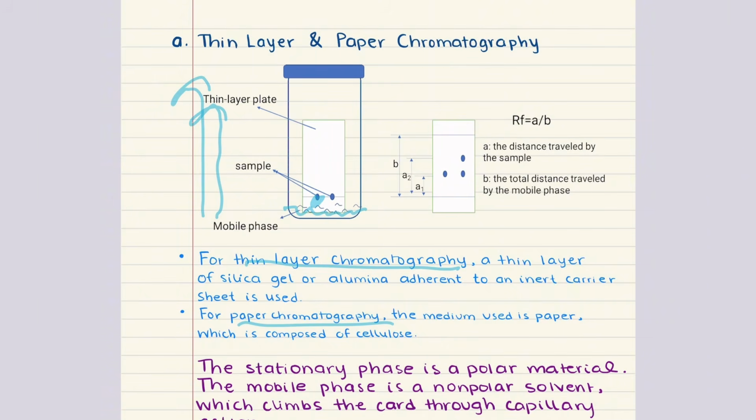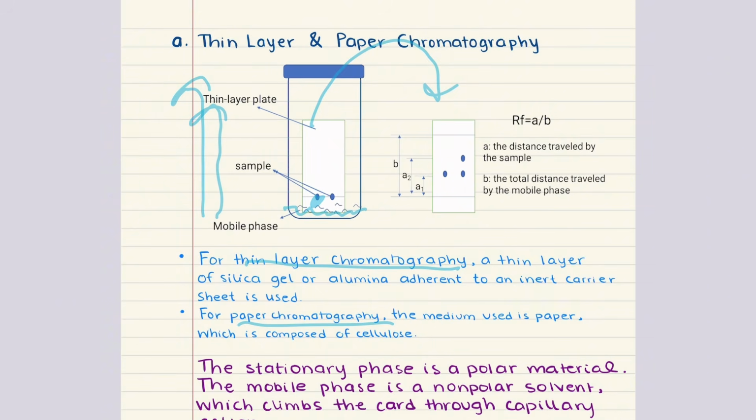Compounds that are more nonpolar travel further because they interact more with the mobile phase. But more polar compounds, those are going to stick to the polar stationary phase, and they're going to move less. Once the solvent has moved far enough, you're going to remove the plate, and you're going to measure the distance that each spot traveled.